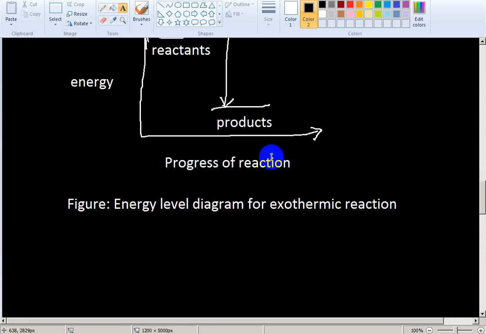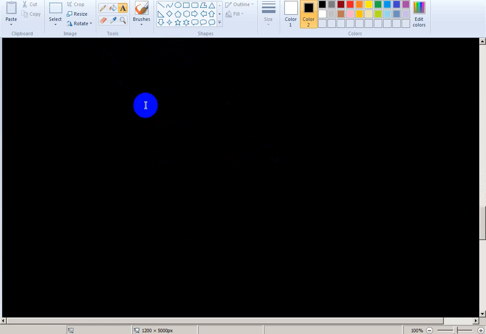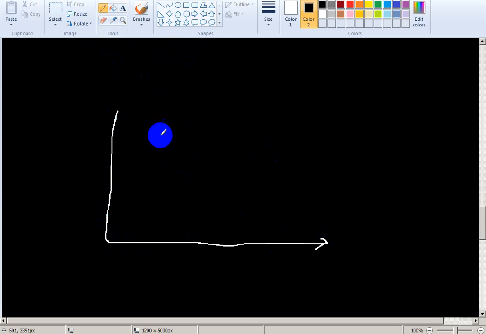Now I am doing the energy level diagram for the endothermic reaction. Same things. These are the two axes. This is the y-axis. Here is the x-axis. Progress of reaction.